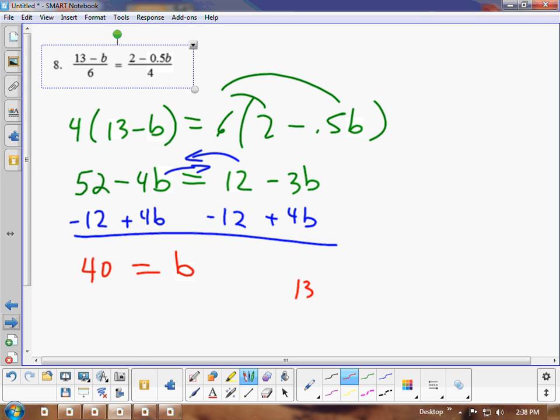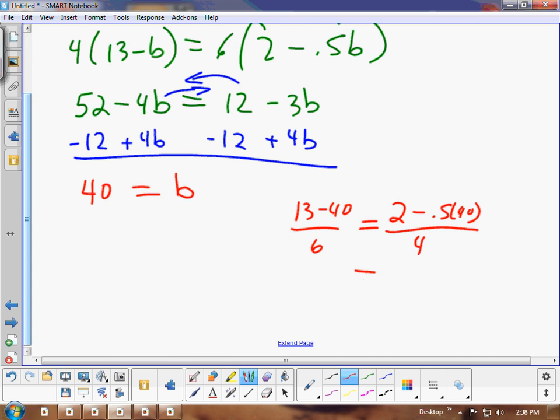Is 13 minus 40 over 6 the same thing as 2 minus 0.5 times 40 over 4? So this is 2 minus 20 over 4, which would be negative 18 over 4, which reduces to negative 9/2.